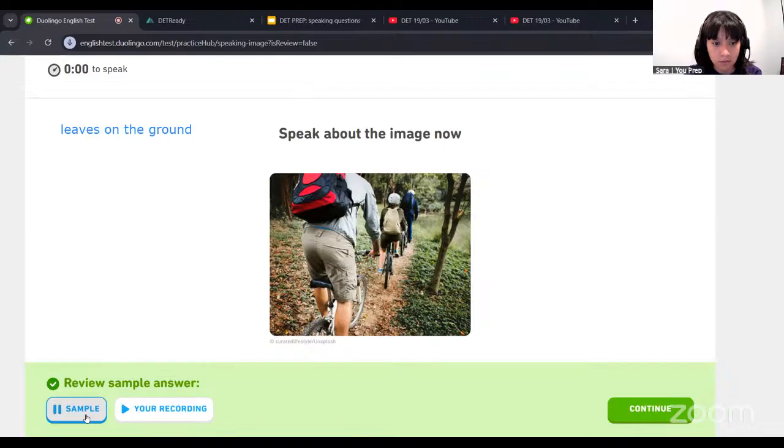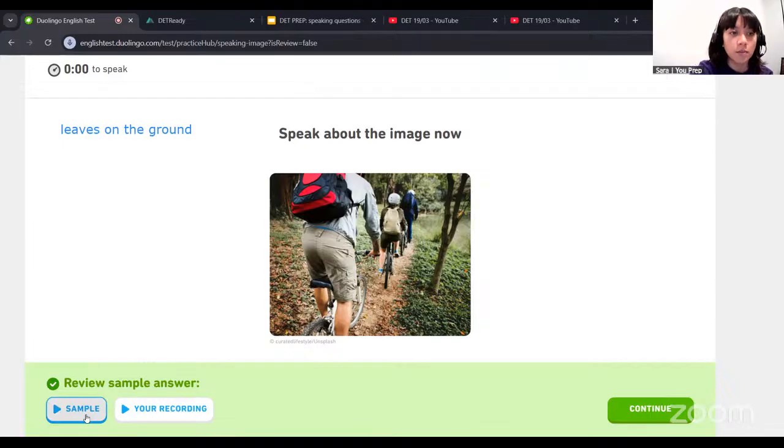There are two more people, and they're visible in the background. They're also wearing helmets and carrying backpacks. So the group is kind of moving away from the camera. They're riding into the woods, and there is a lot of greenery, many fallen leaves on the ground. So the overall atmosphere is very enjoyable and light.